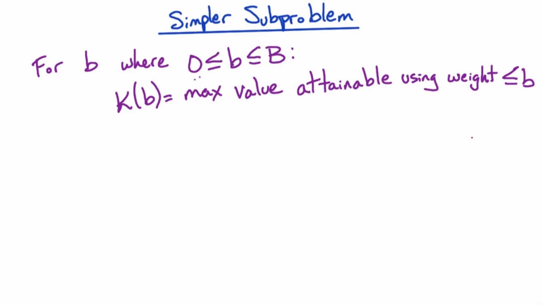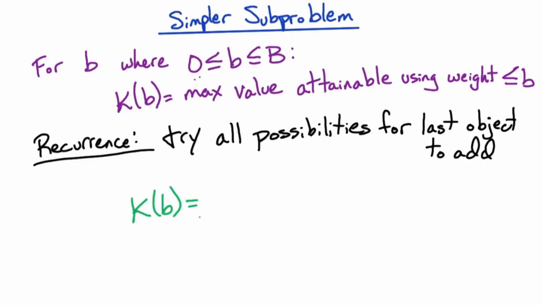Now let's try to write a recurrence for this new subproblem definition. For the previous subproblem definition, in order to write a recurrence, we decided whether to include object i or not. Now in this case, we don't have an object i, a last object. So we want to try all possibilities for the last object to add. So the recurrence for K(b) is going to be: we try all possibilities for the last object to add, and we take the best of those.